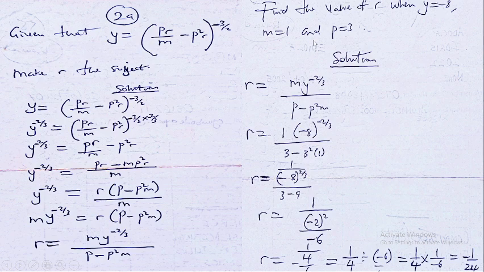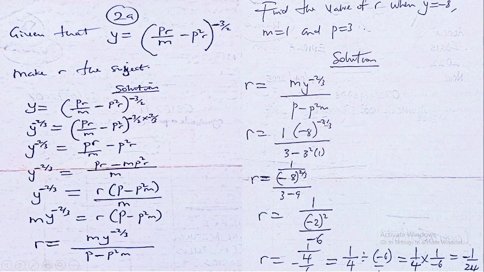M is 1 here, so we put 1 there in brackets. What's our y? y is minus 8, so we can put it there, raised to power minus 2 over 3, divided by what's our P? P is 3. You have 3 here minus P is also 3, so I mean you have 3 square, and M is 1. So if you simplify that further, 1 multiplied by this will still give us minus 8.